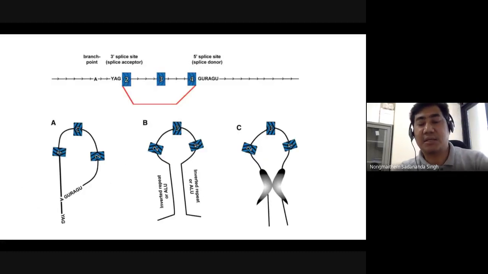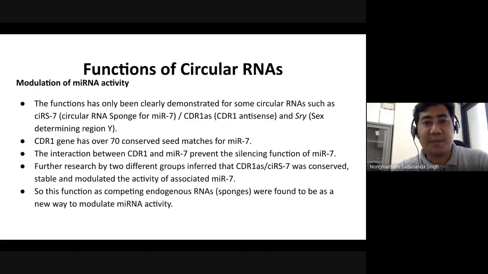What people have seen is that many times these circular RNAs, which are coming out of intronic regions or containing exons, have targets for microRNAs.